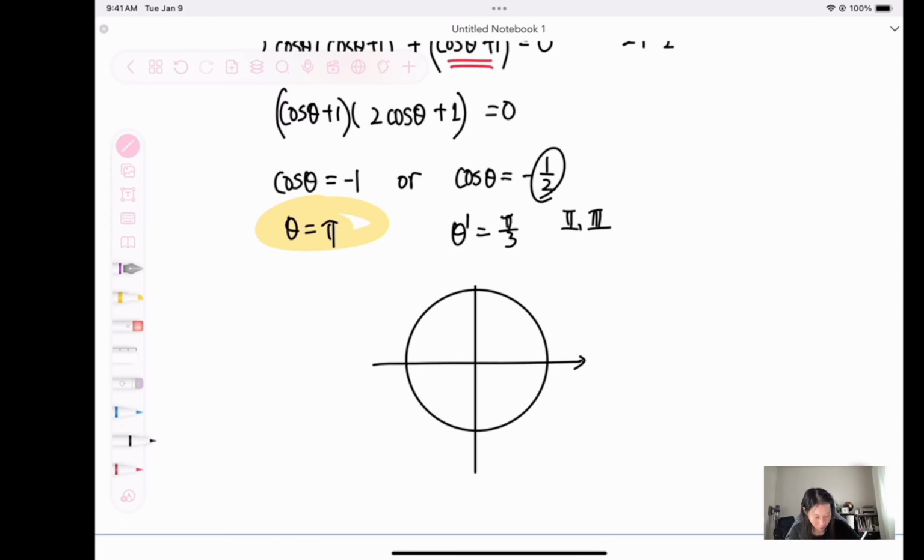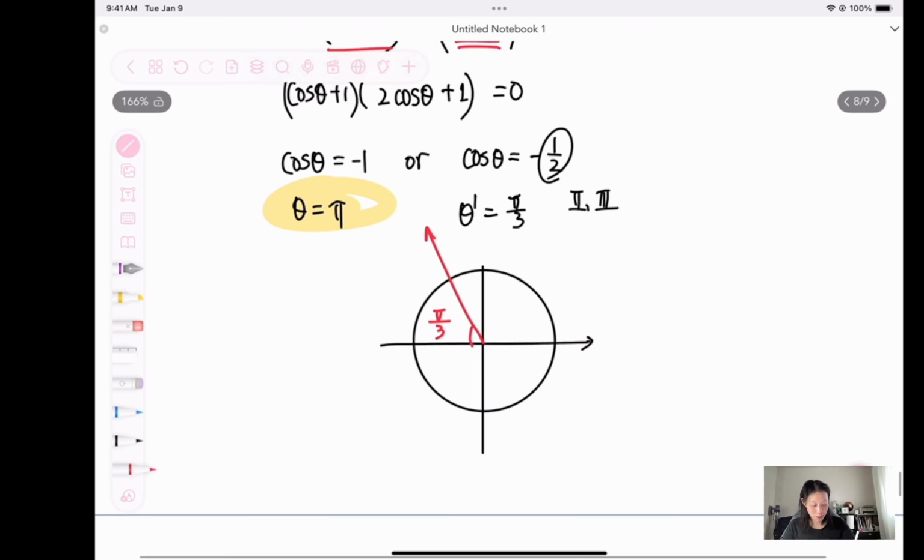On the unit circle, in the second and third quadrants, I have pi over 3. So the first solution uses pi over 3 as the reference angle in the second quadrant, which means it will be this one. So this is pi minus pi over 3, which is 2 pi over 3.